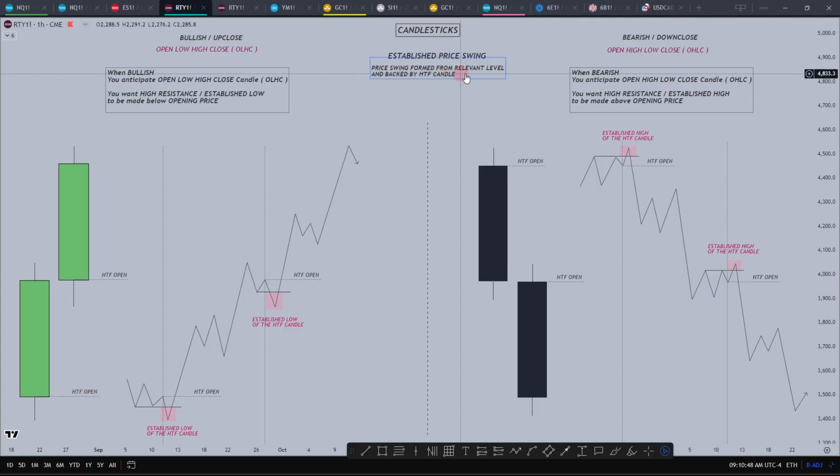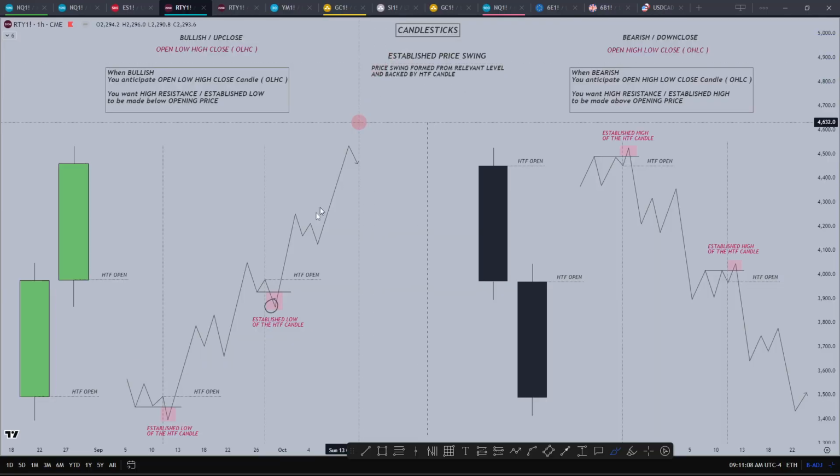This is backed by a high time frame candle. This would make sense only for this, not for this. I will teach these in later sessions, but just this for now.